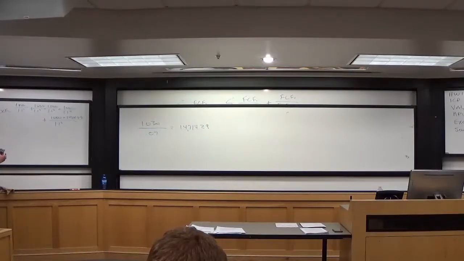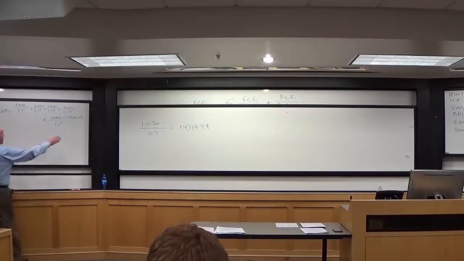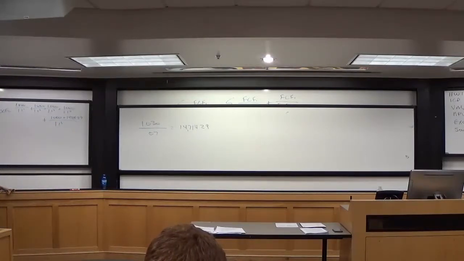Press the CFJ key again for time 2, again for time 3, again for time 4. Don't press it for time 5 yet, because you have to add these two numbers, which is going to be 15,714.29 for time 5.